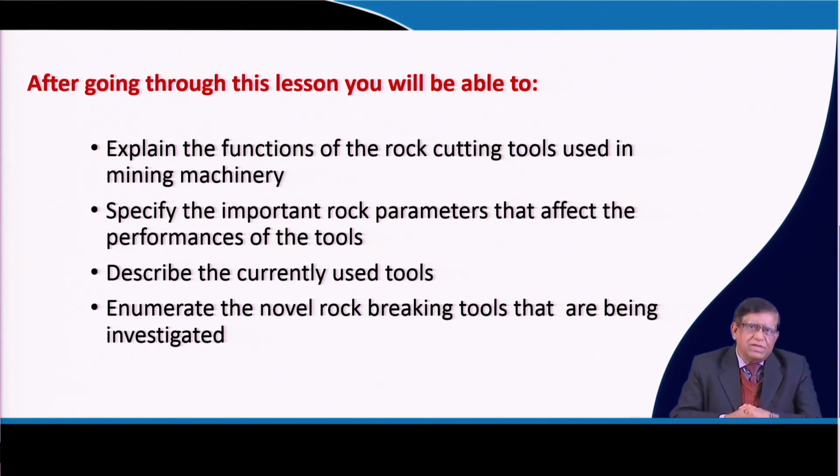Also we will give you a brief idea about the novel rock breaking tools, so that some of you may take up research work so that new tools can be developed for the future.